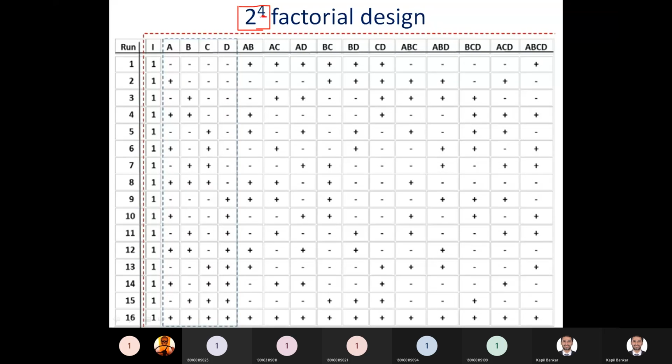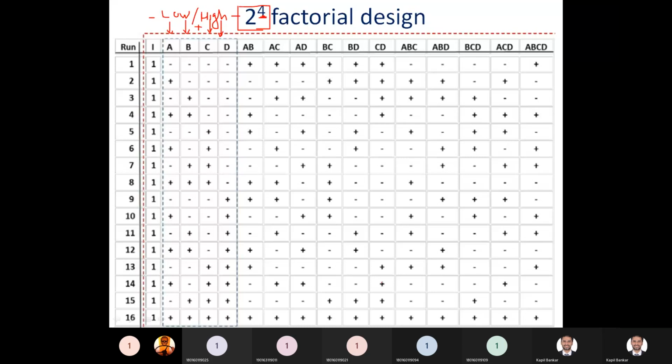A, B, C, and D. This is factor A, here factors B, C, and D. So there are 4 factors, and each factor has 2 levels: one is the low level and another is the high level. Low is represented by a negative sign and high is represented by a positive sign, as you see in this particular table.